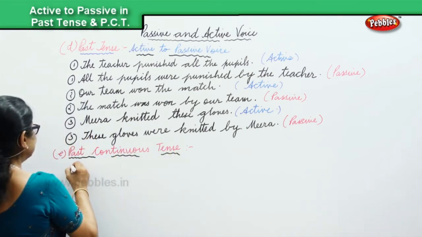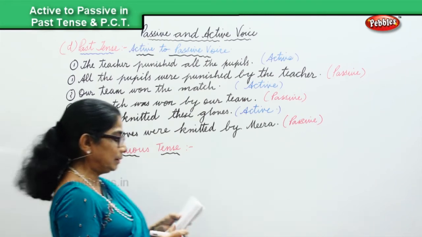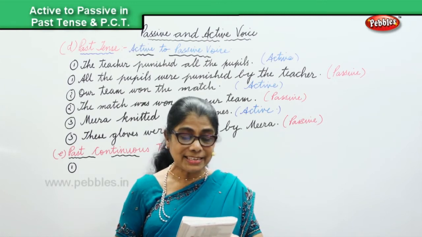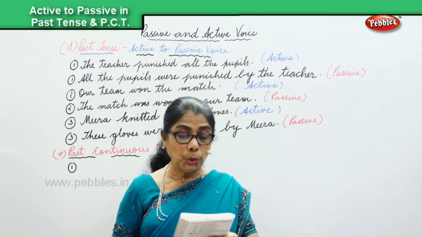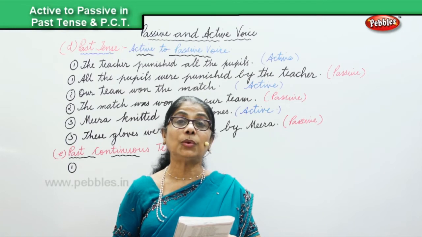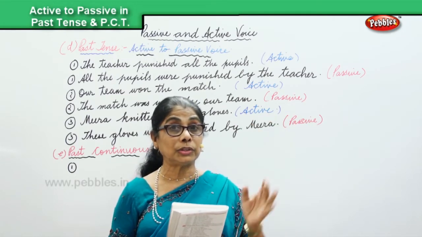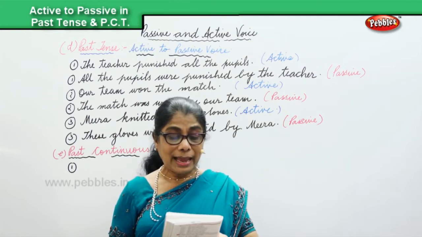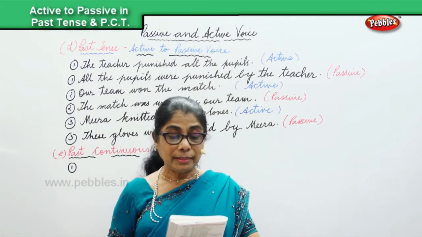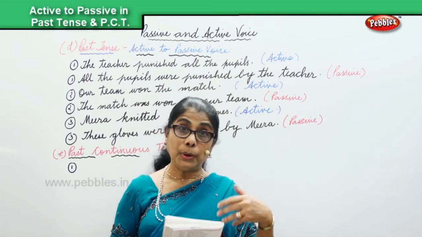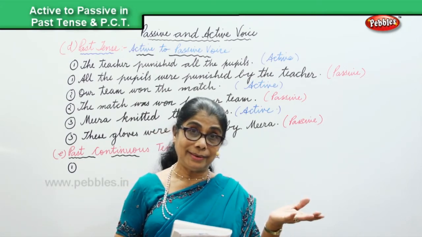Okay, let's do a sentence here. The first sentence I have here is, the wind was blowing the clouds away. That's the active voice. And when we change it, the clouds were being blown by the wind.